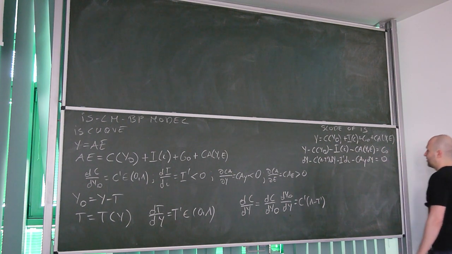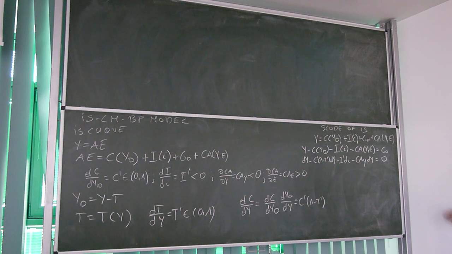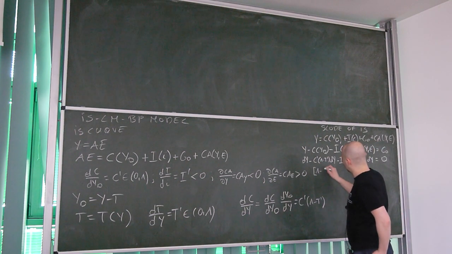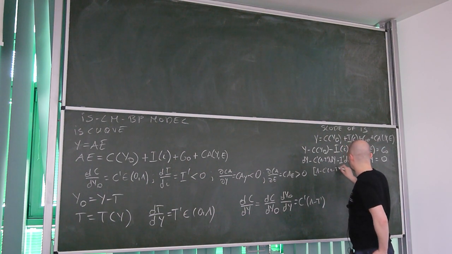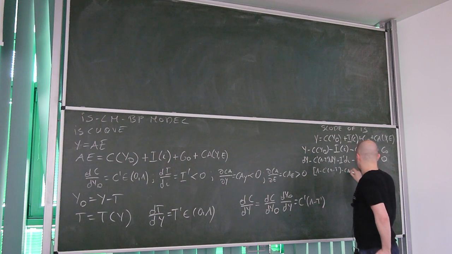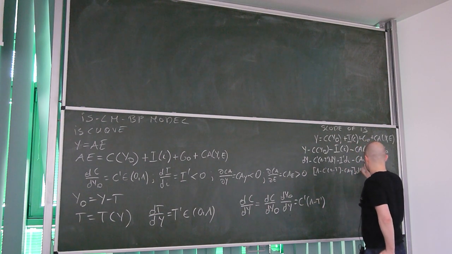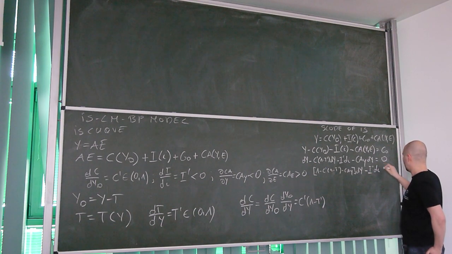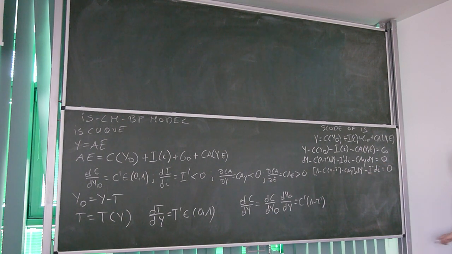It's equal to 0. Now, let's collect all the expressions with Y together. So we get [1 minus C prime (1 minus T prime) minus CAY] dY minus I prime di equals 0.